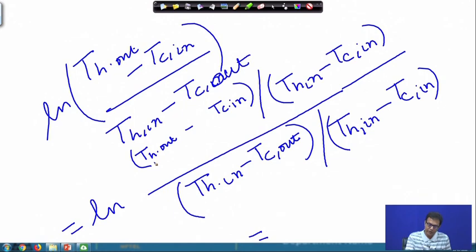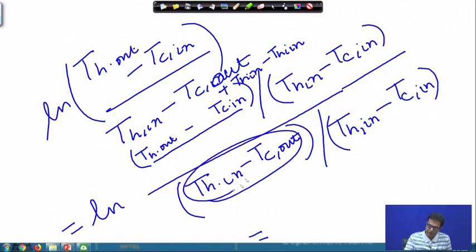Now, with this part we will add and subtract T_H,in from that expression, and for this one we will add and subtract T_C,in.